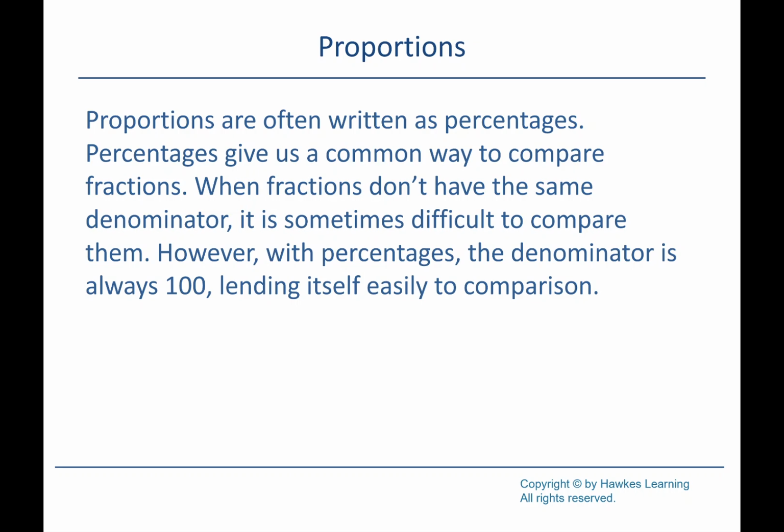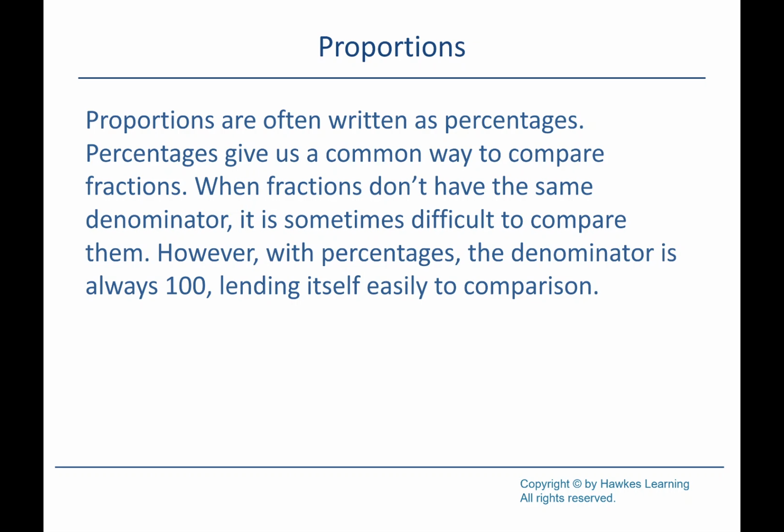Percent. We've seen already per, like when we're dealing with rates, per means you're going to divide. And then cent, how many cents are in a dollar? 100. Or how many years are in a century? 100. So cent we use for 100.